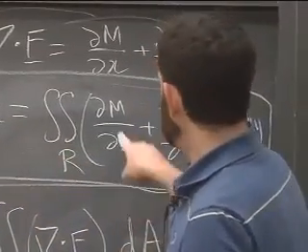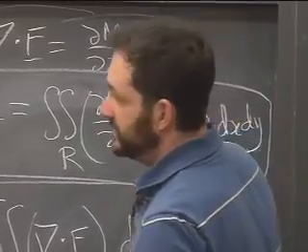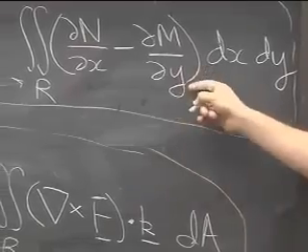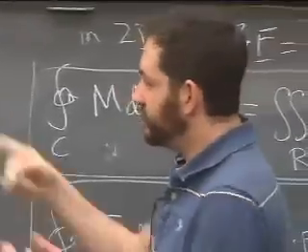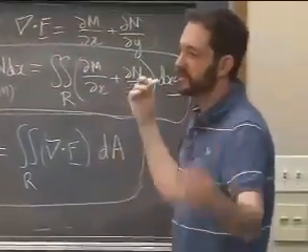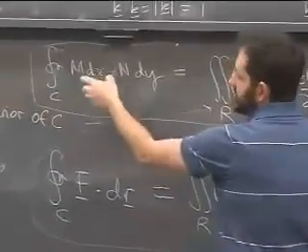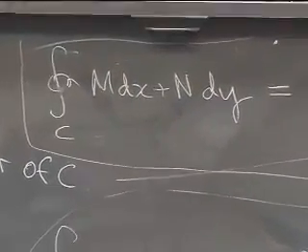Then this formula will be dN/dx minus dM/dy, which is exactly this. So to get from here to here is just an algebraic trick. If you know one, you know the other just by renaming your variables or changing your vector field. If that's true for every M and N, then for any given M and N, you could flip these and put a minus in front of one of them, and you would get this formula.